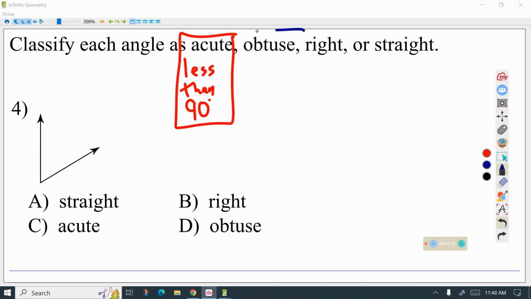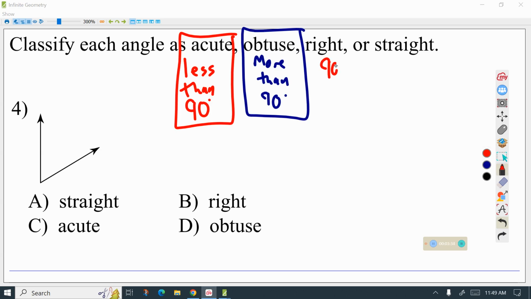Whereas obtuse means more than 90 degrees, okay? Whereas a right angle is exactly 90 degrees, and a straight angle is 180. A straight angle is just a straight line, okay? So in this problem, we should have C, that is an acute angle. That's what we get right there, okay?